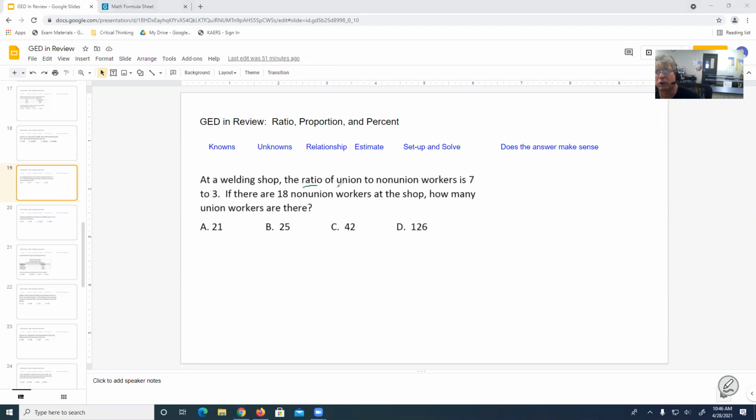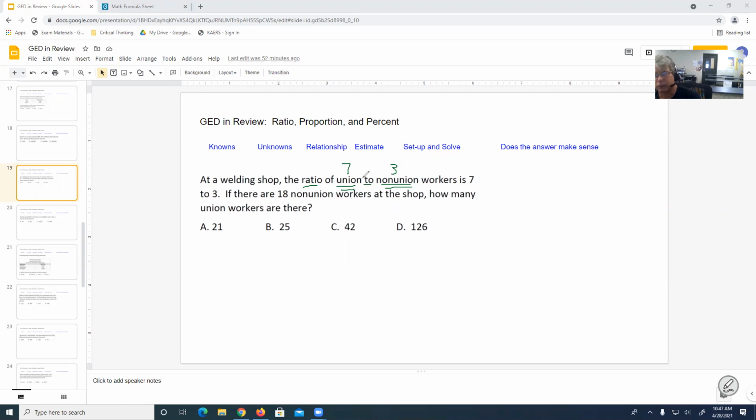The ratio of union to non-union is 7:3. So that means for every 7 union, there's going to be 3 non-union. If there are 18 non-union workers at the shop, how many union workers are there?